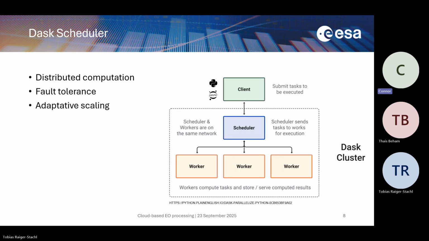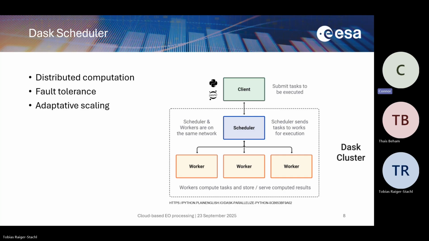Okay. About the distributed computation, an interesting point in here is when you want to work in the cloud or you want to work with several machines. Dask ensures fault tolerance. So if you have a task that fails, Dask will try to rerun it many times.